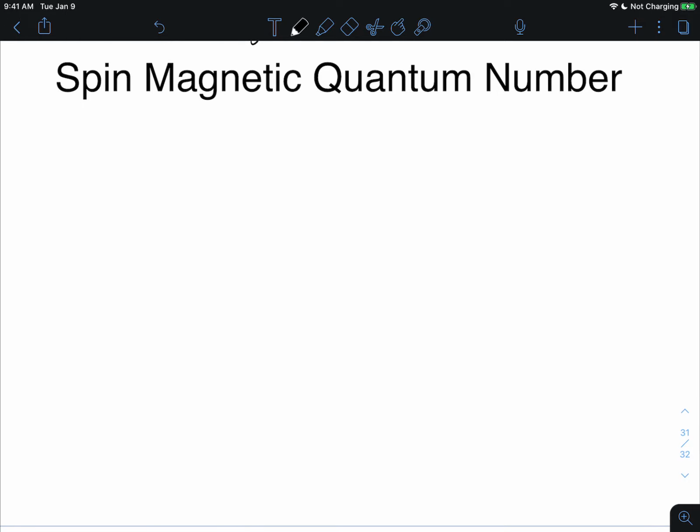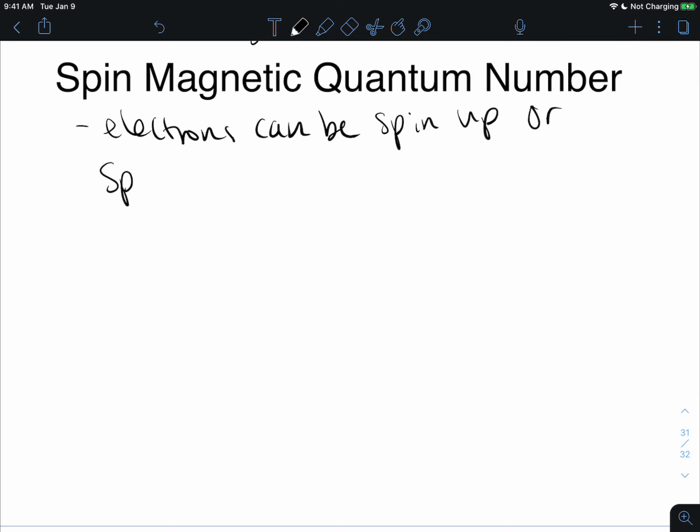So what we get is what's called a spin up and a spin down. So electrons can be spin up or spin down. And because there's differences between them, there's what's called the spin quantum number to describe them.